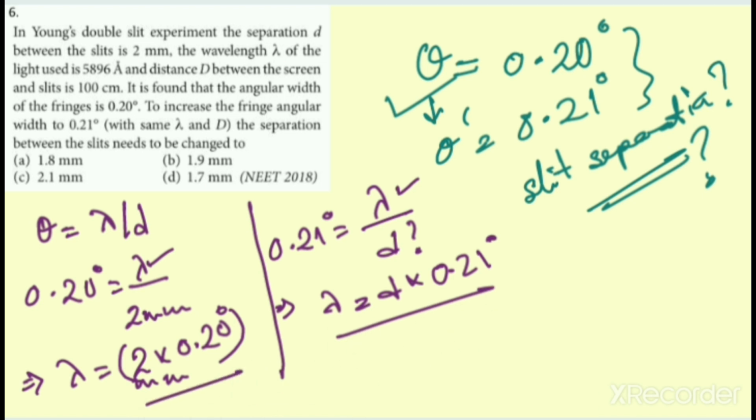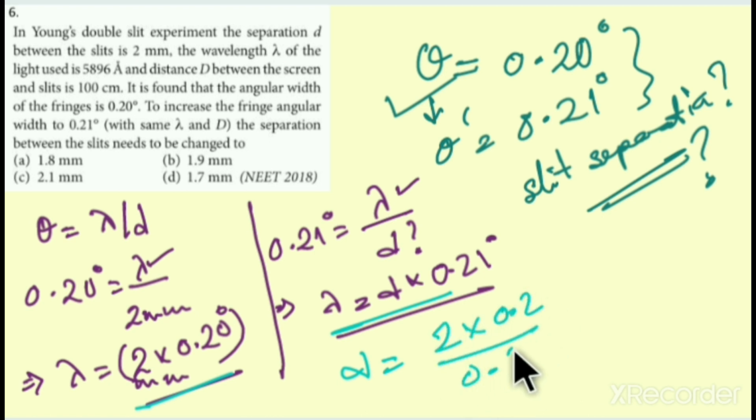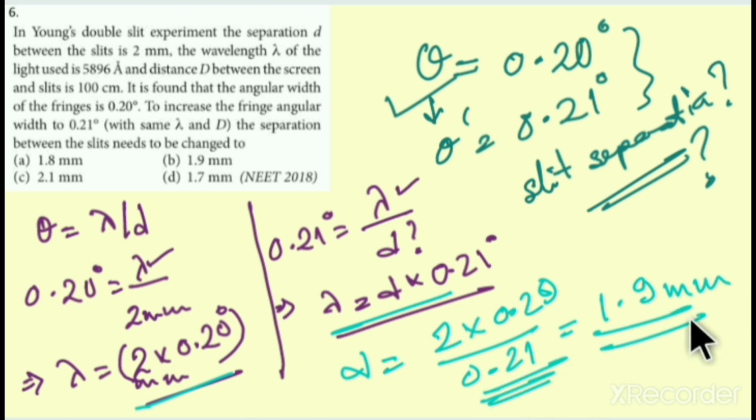From these two relations, we can say that d is equal to 2 into 0.2 by 0.21, and this will give you a result of 1.9 millimeter. Please solve this in your copy, and this will give you 1.9 millimeter. That is, option B will be our correct answer.